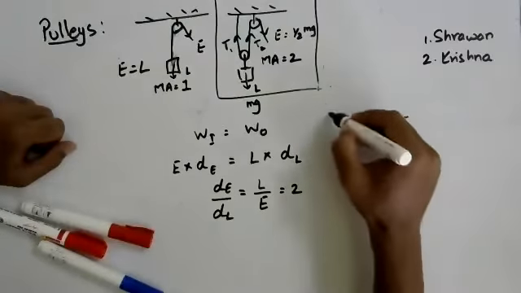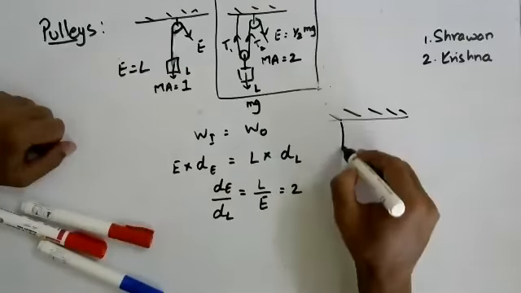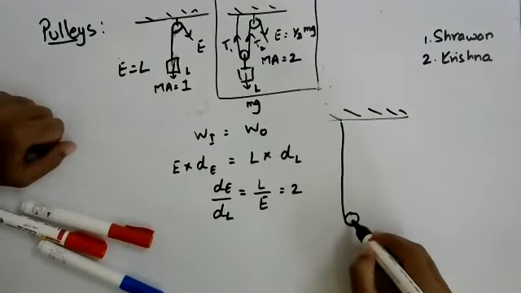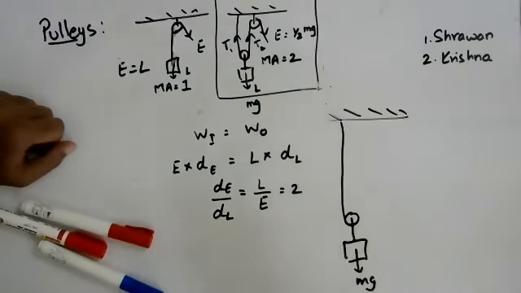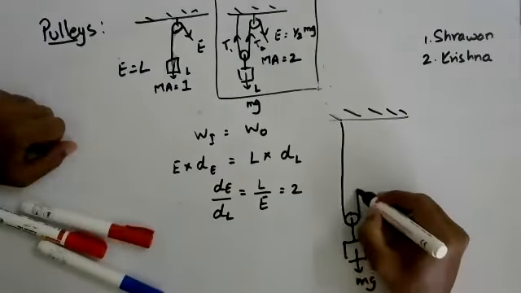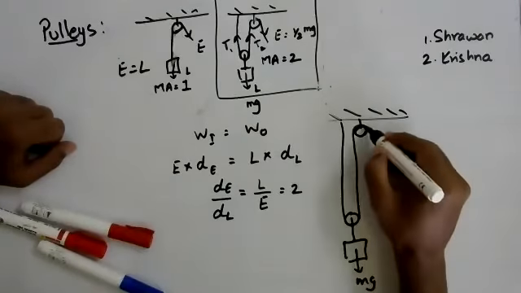You are talking in terms of moving the weight by using the single movable pulley. So there is this weight mg, and it's connected through another pulley.